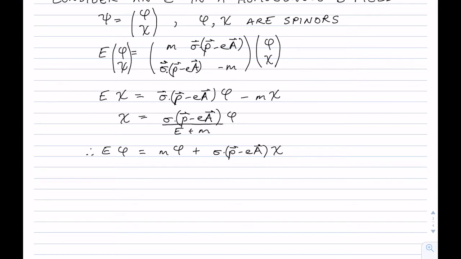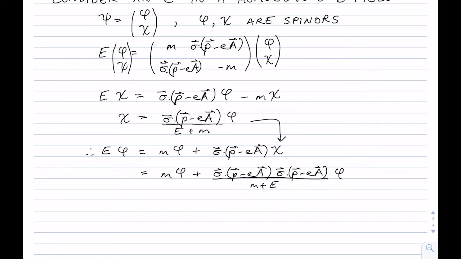And now I substitute this into here, and I will get plus sigma dot P minus EA times sigma dot P minus EA all over M plus E times phi. And so now I've just got an equation for phi, which is a spinor.